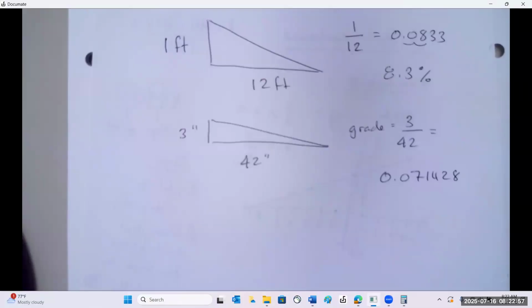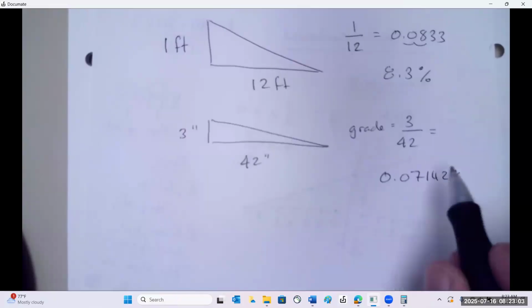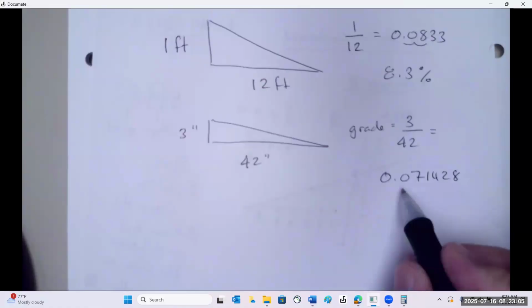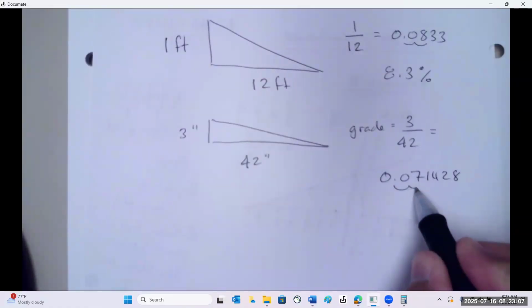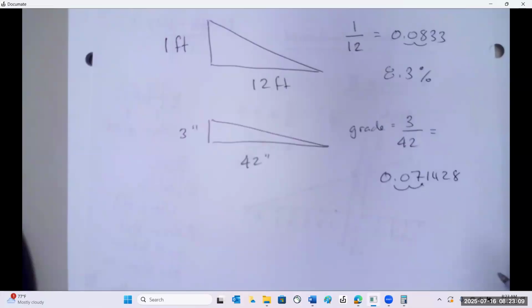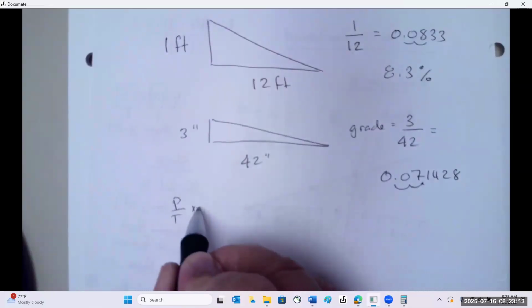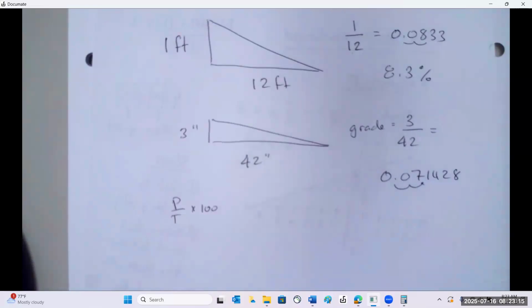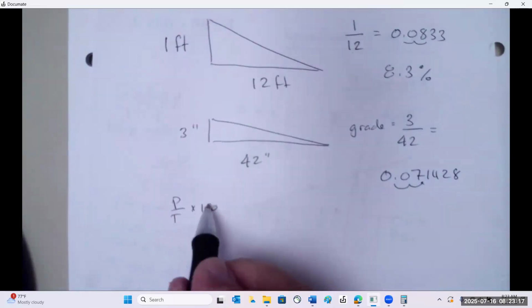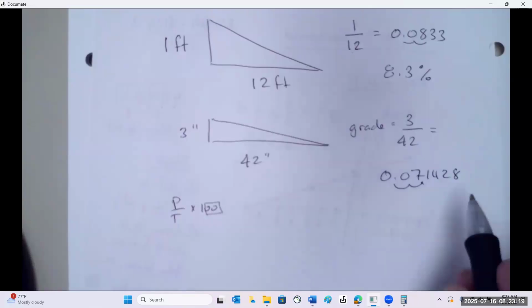Now, the question is, how many decimal places do you want to have? When we convert this to percent, we move the decimal 2 to the right, because remember, part over total times 100. The 100 means you move the decimal 2 spaces.